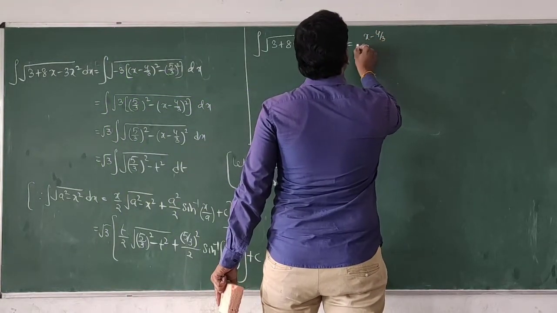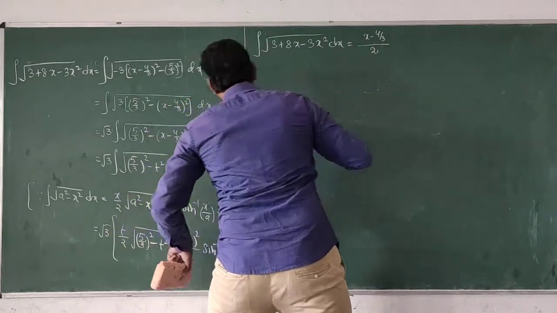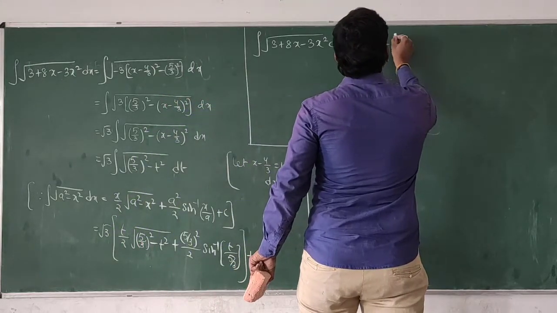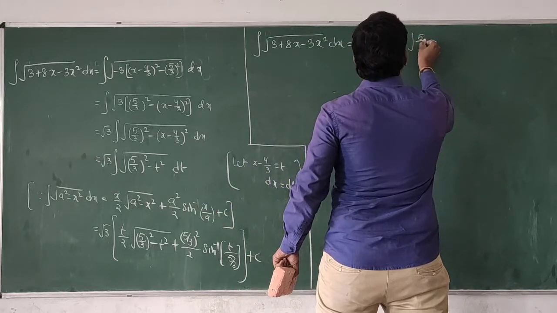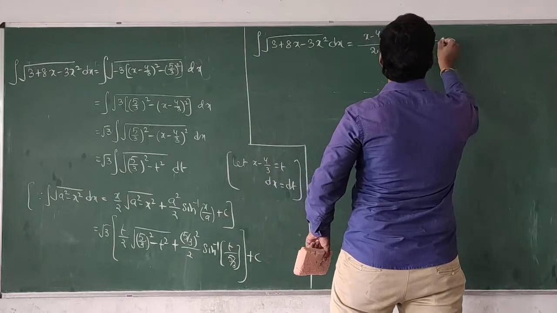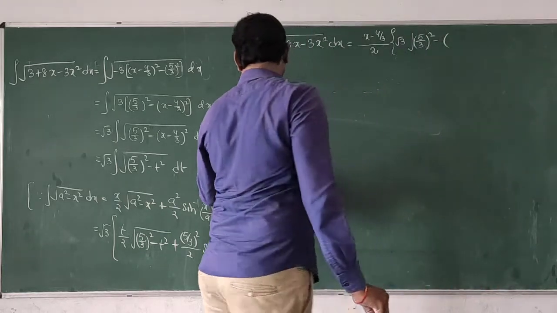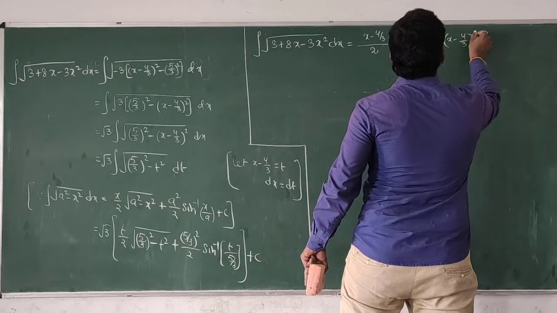X minus 4 by 3 by 2, this into root 3, into square root of 5 by 3 whole square minus t square, t value x minus 4 by 3 whole square.